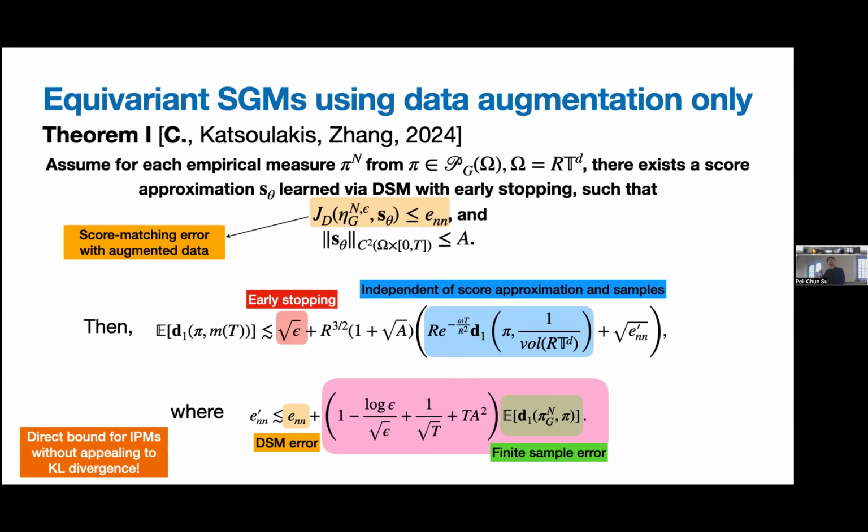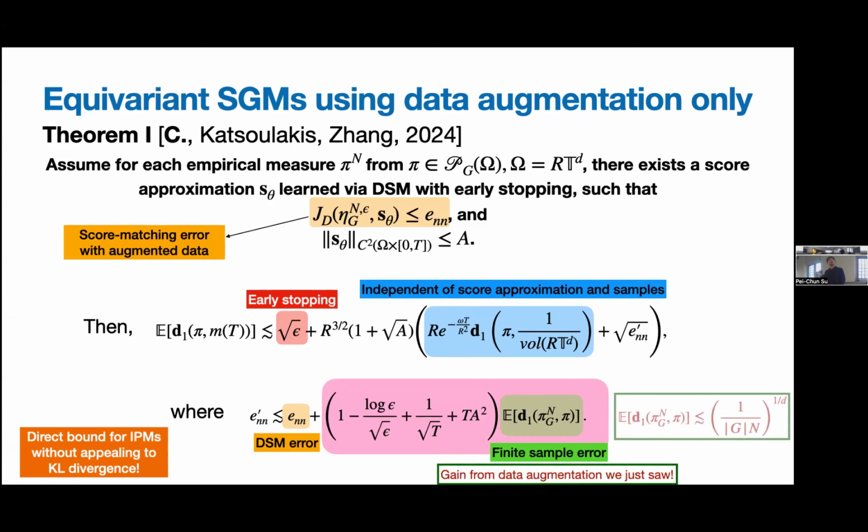It's proportional to this finite sample error within the first part. So in the case of a discrete group, we have this W1 between the augmented finite samples and the true distribution can benefit from the data symmetry by the effect of the group size if the group is finite.